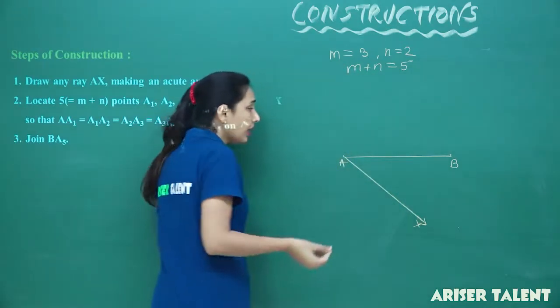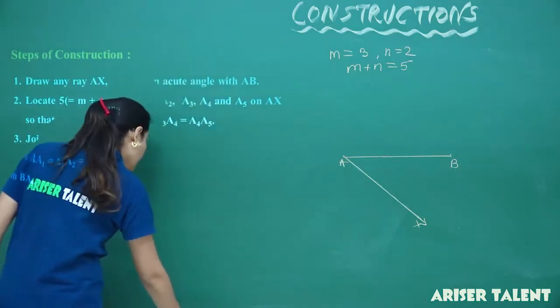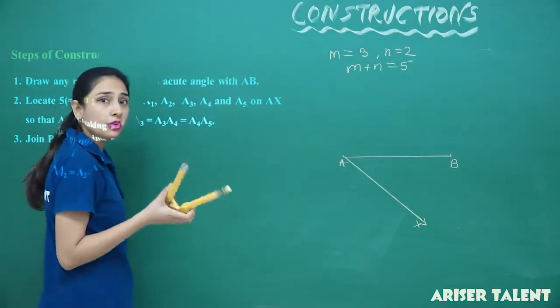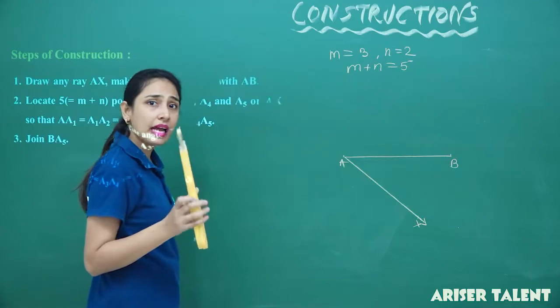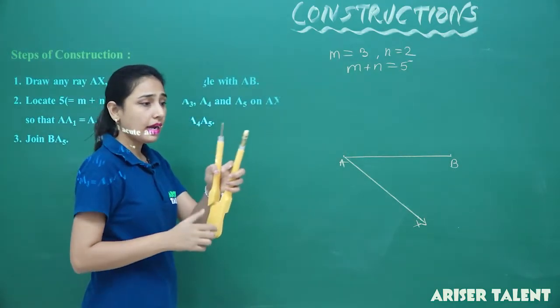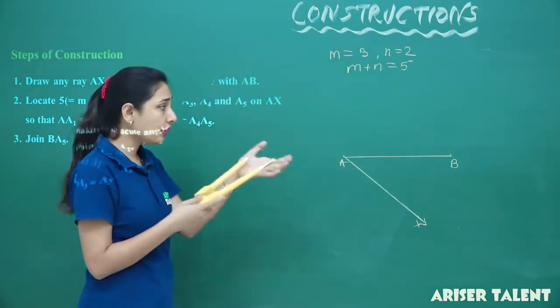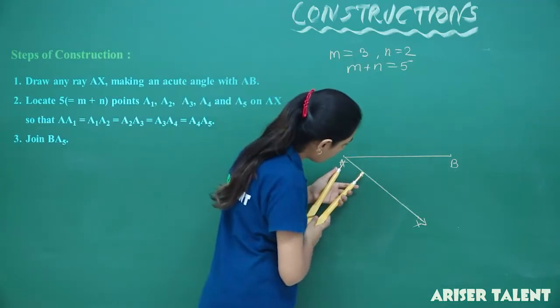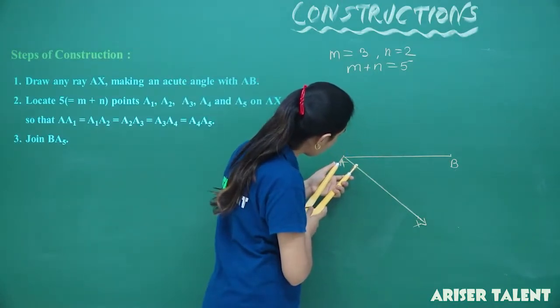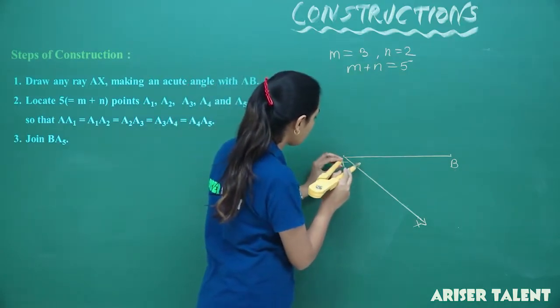So I am going to divide this AX in 5 equal segments. How will we do that? I have told you. You can do this by compass or by divider as you wish. If you are using this compass, just tighten it up, and with the same arc you are going to cut it. I can say that will be enough, so I'll use that only.